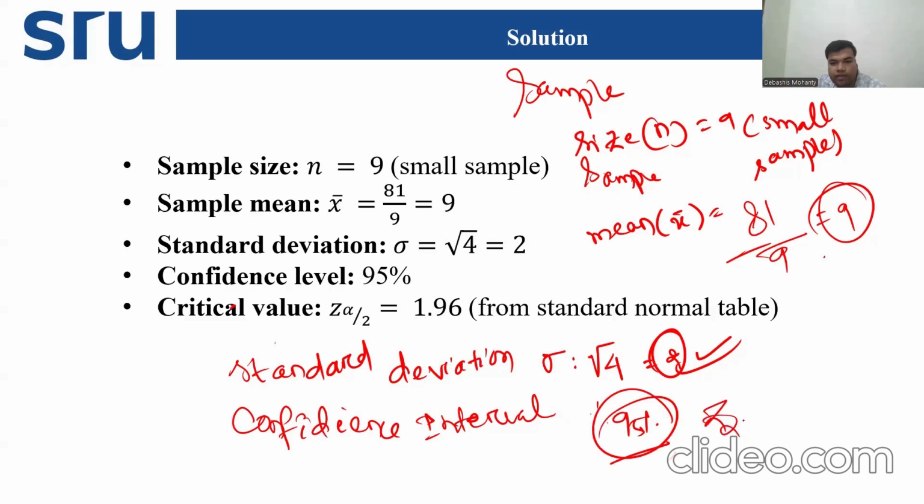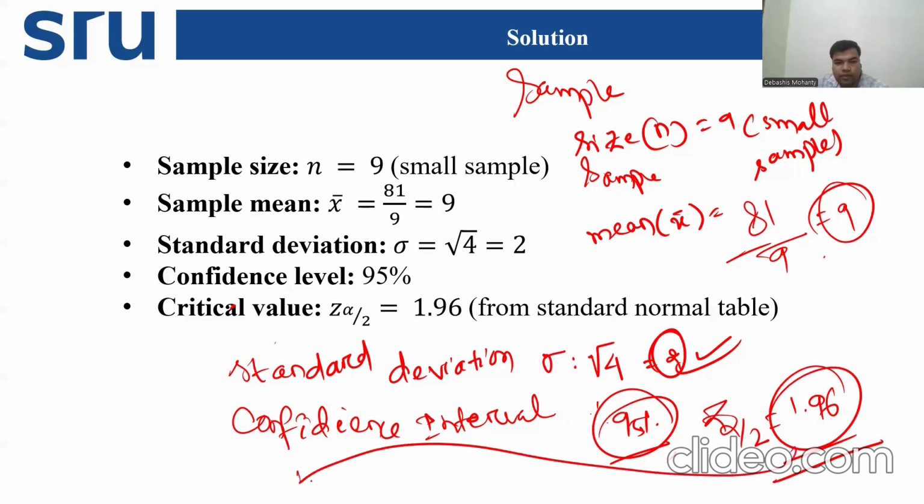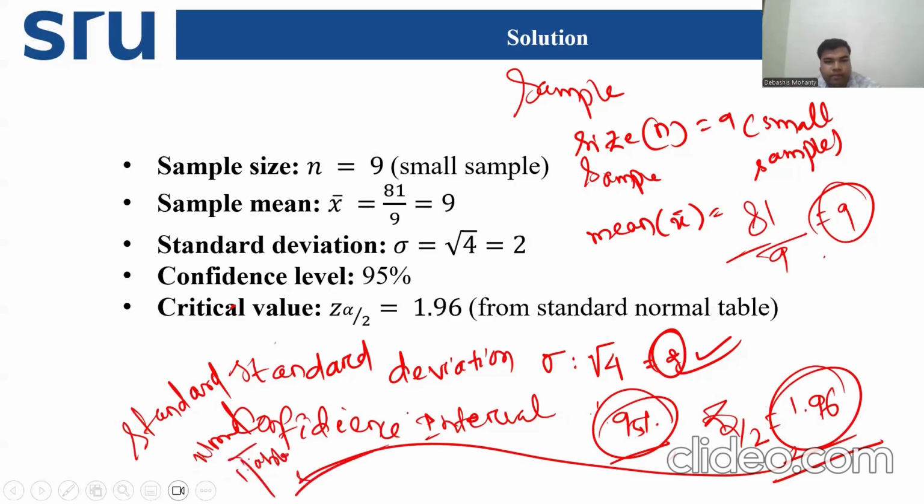So for Z alpha by 2 at 95%, you have to see the Z table, which gives 1.96. It is from the standard normal table. Okay, so these are the information given. Now we have to implement these values in the formula.